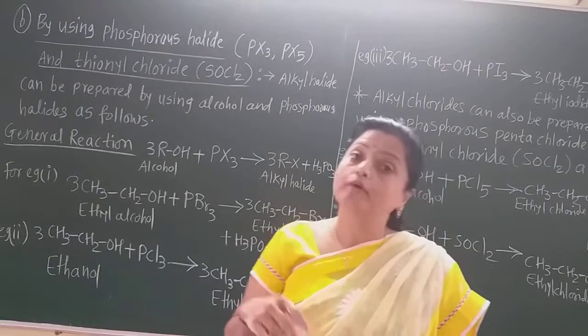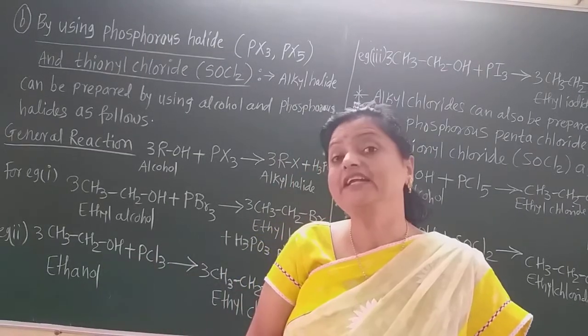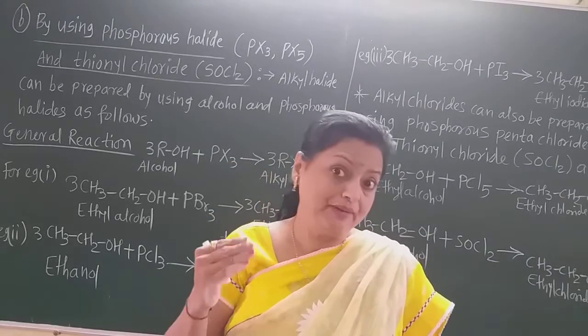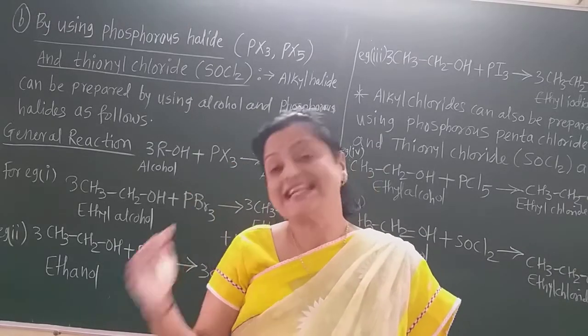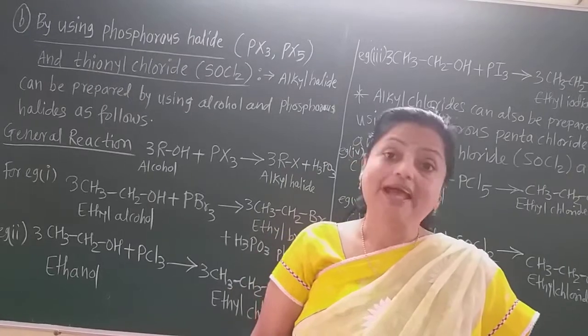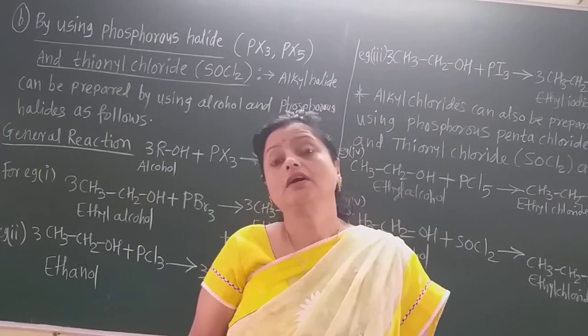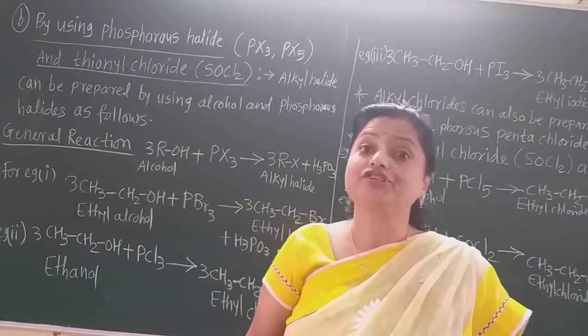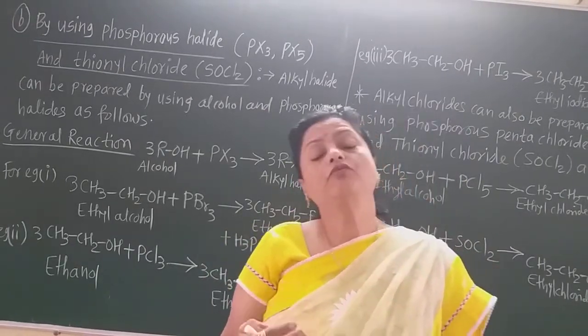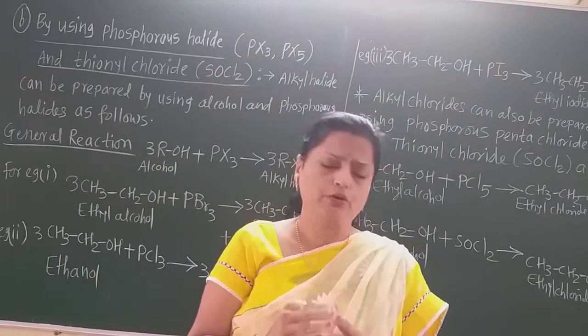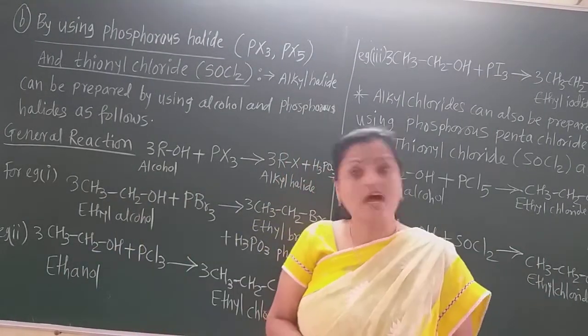And in case of iodide, there is the action of NaI plus phosphoric acid H3PO4, and from that there is the preparation of HI, and when HI reacts with the alcohol, there is the formation of alkyl iodide. This all we learned in the last lecture.